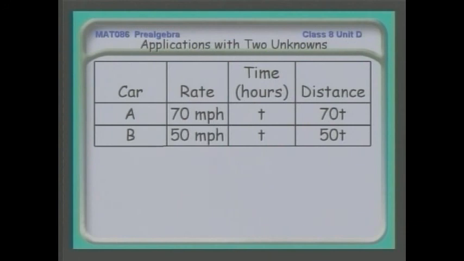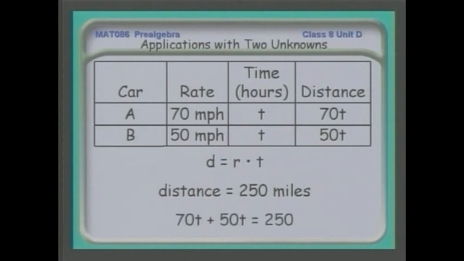Car B goes 50 miles an hour, travels 50t. We know that the distance is the rate, how fast they go, times the time, and that distance is 250 miles. We have the 70t, that's how we know they're traveling equivalent times, plus 50t is 250.